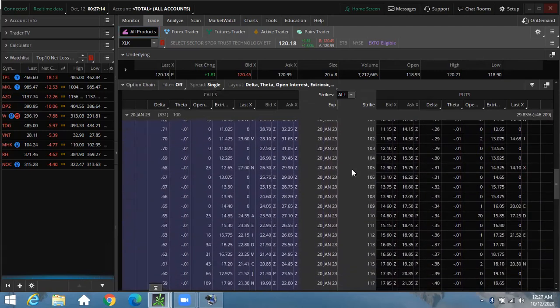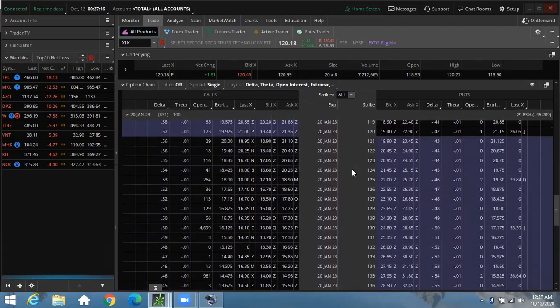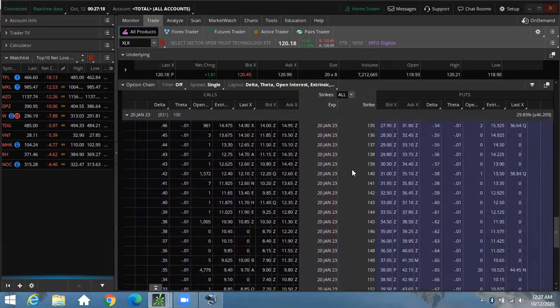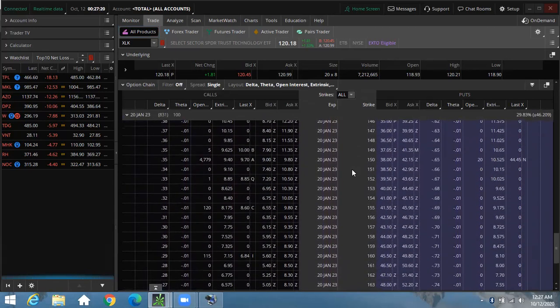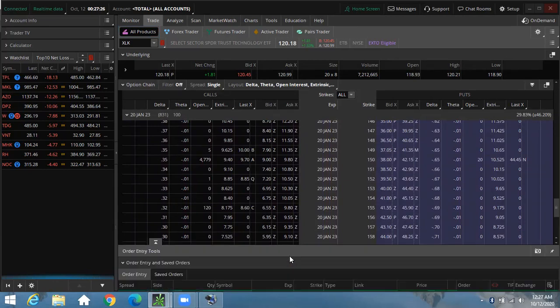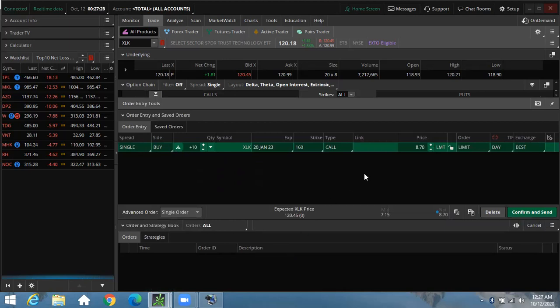If we scroll down here, see if we can find a 160 strike, right here. A 160 strike would be somewhere around $870.